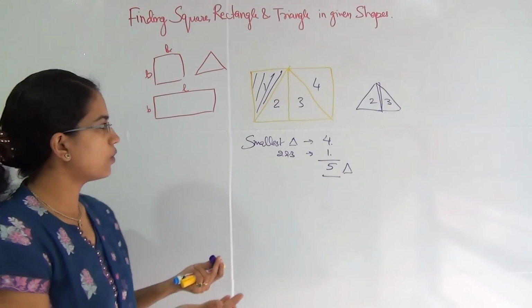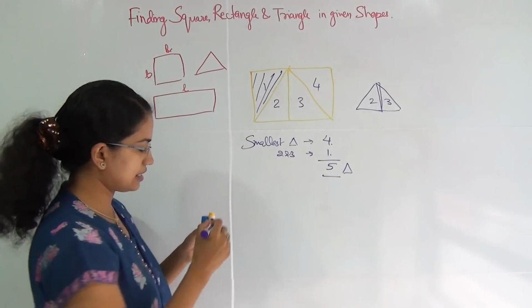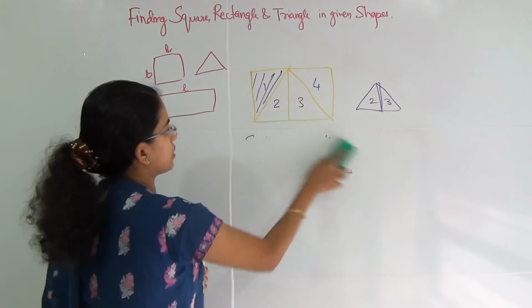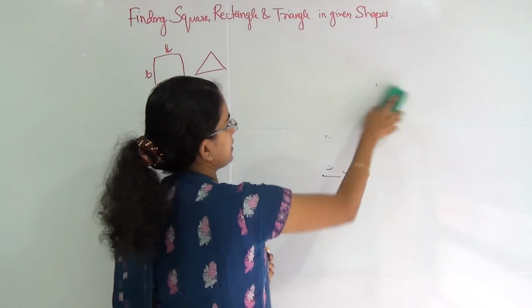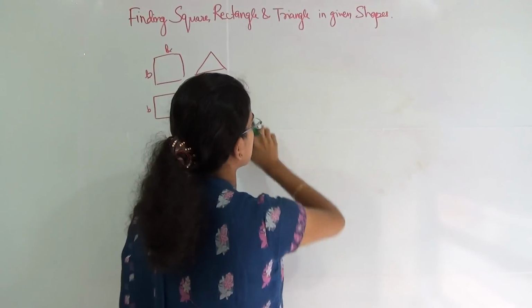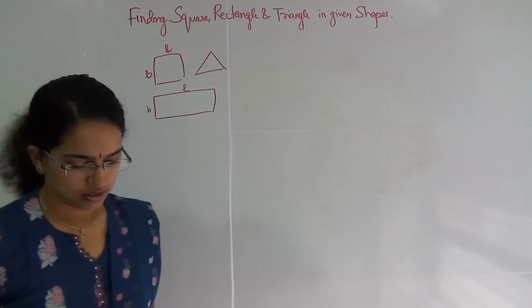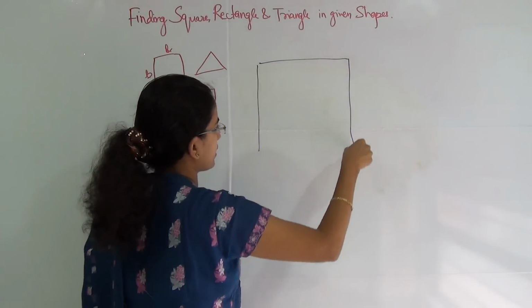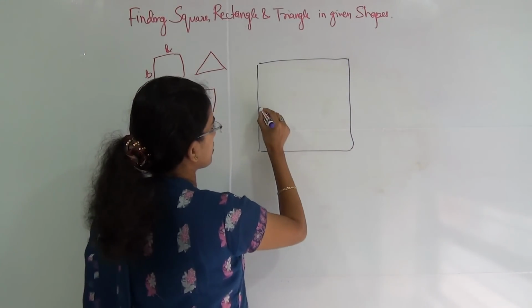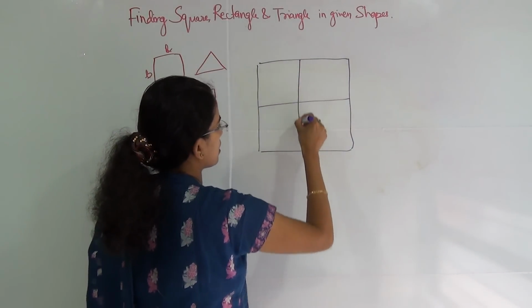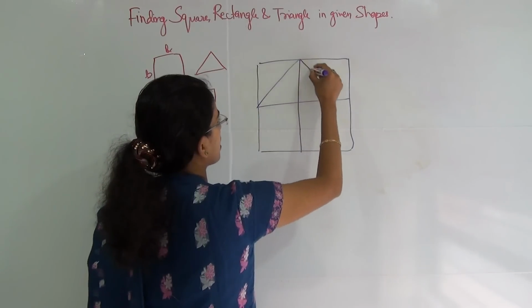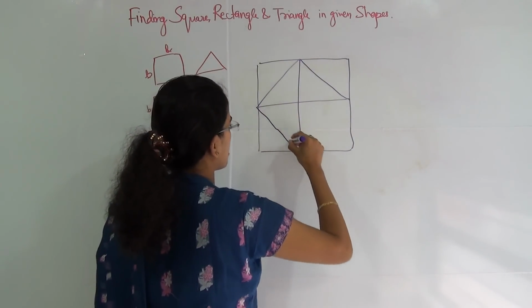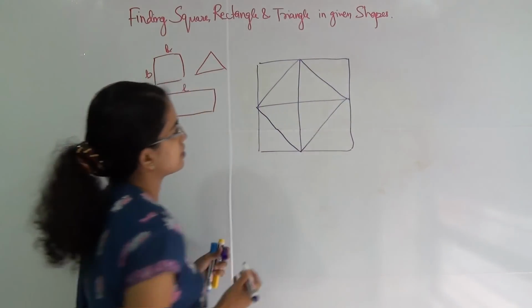Now let's go on to a further level and extend this diagram. So what I'll do is, I'll extend the same diagram. So you have a square here. Okay.